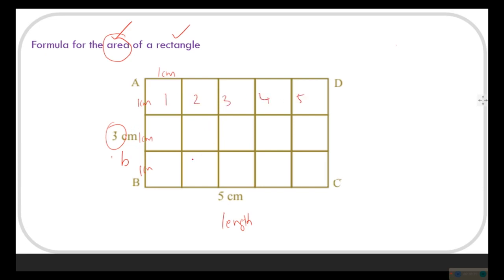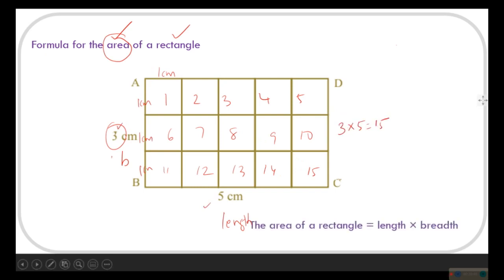4, 5, 6, 7, 8, 9, 10, 11, 12, 13, 14, 15. And I can get this by multiplying 3 with 5. That means 3 into 5, 15 squares are there. Each square is 1 centimeter length and 1 centimeter breadth.